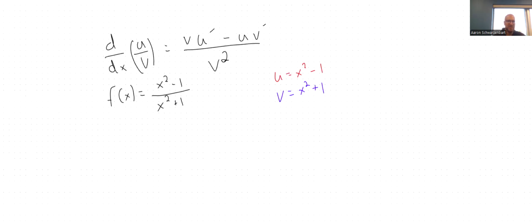Low D high minus high D low over low squared. Some people hate that. Some people like it. That feels like extra steps. That's okay. Whatever helps you remember it, as long as you can remember it, doesn't matter how.